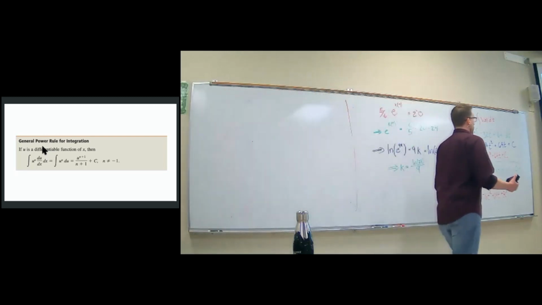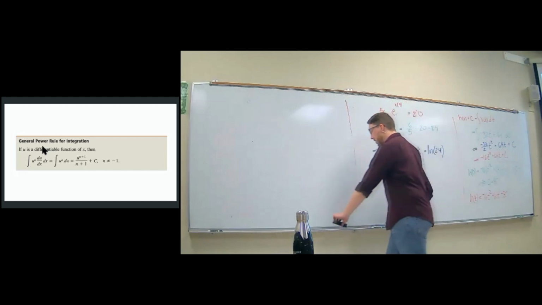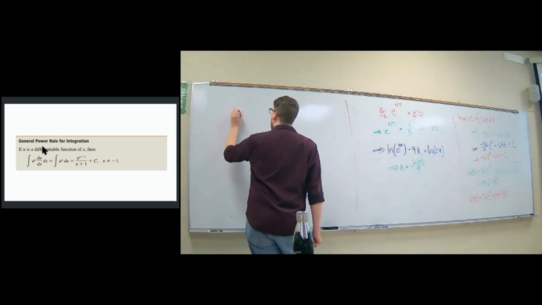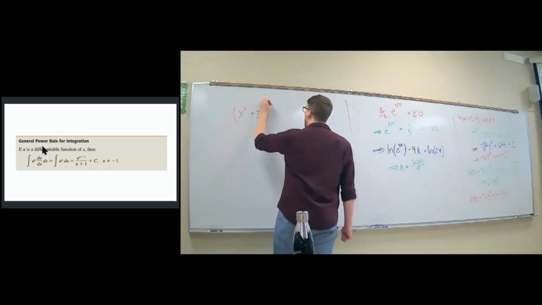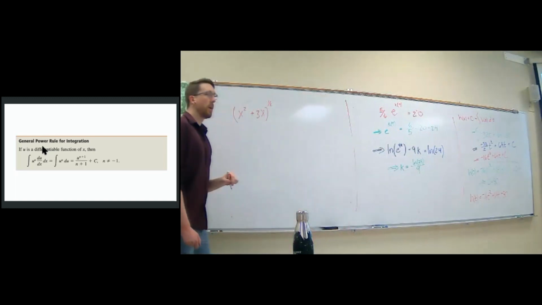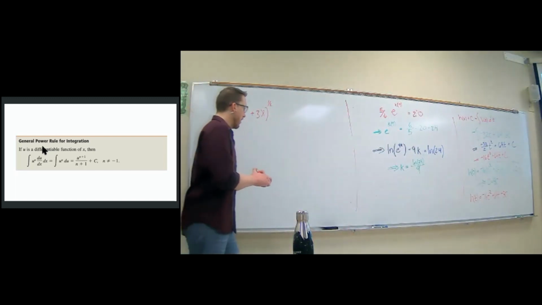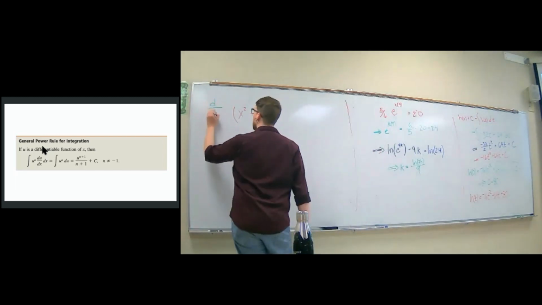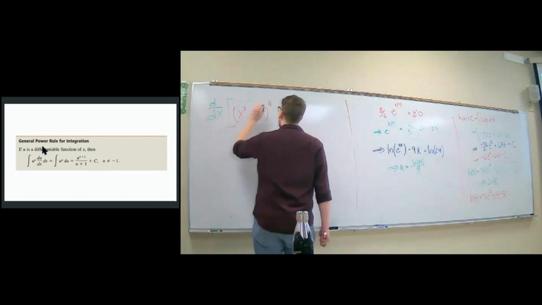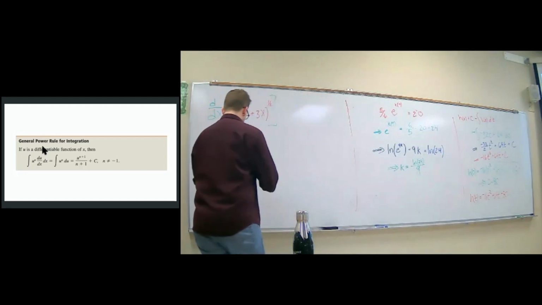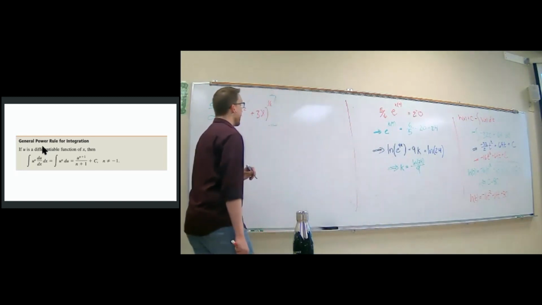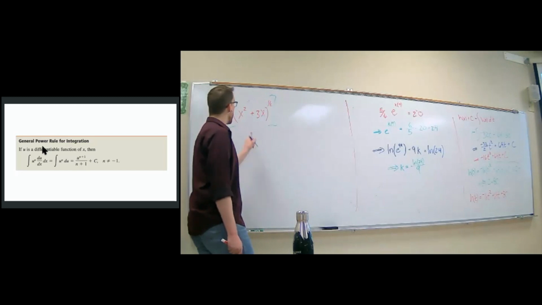Remember back to the chain rule. If we had, let's say, something like x squared plus 3x to the 1/2 power, and we wanted to take the derivative, we would start by saying, let's declare a u as an interior function, right?